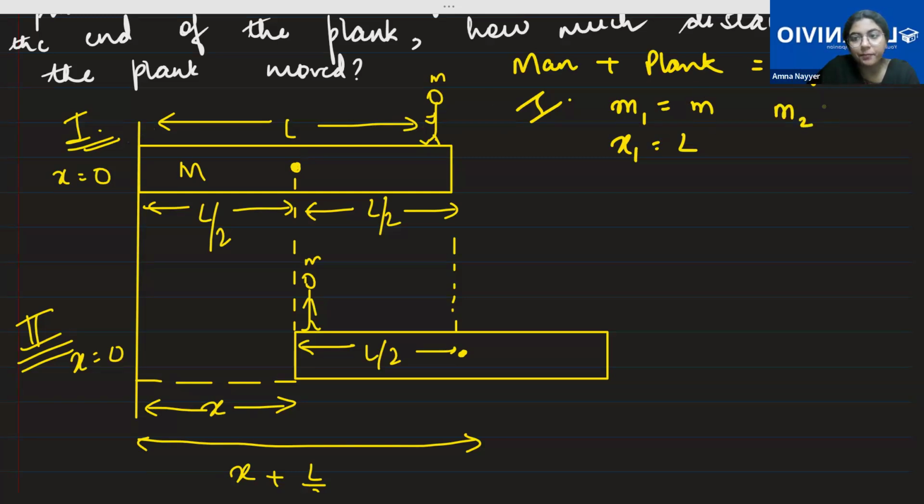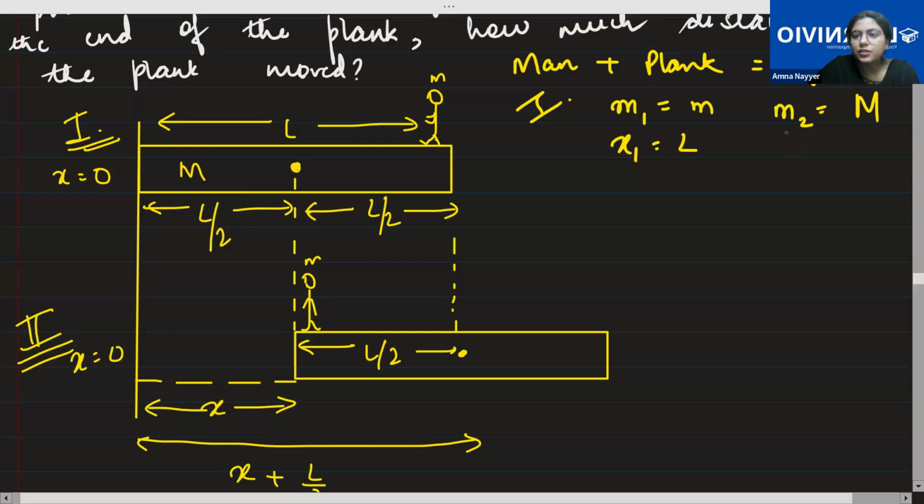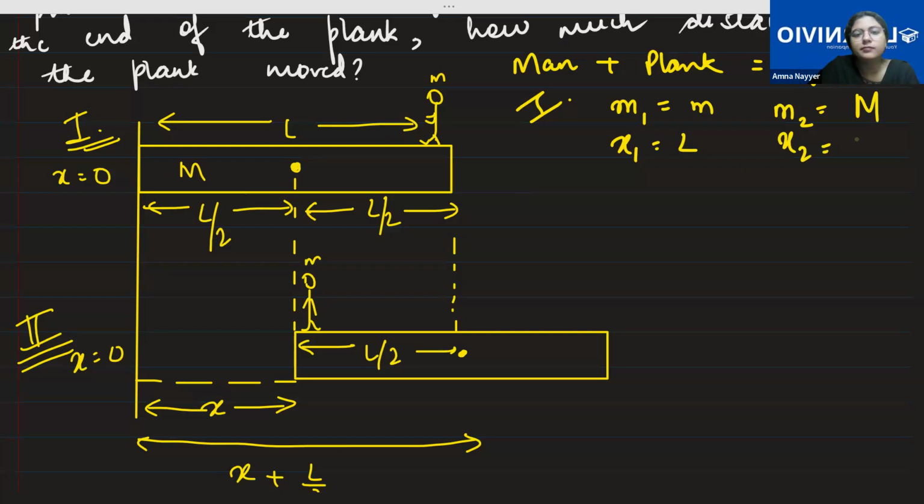Now coming to the plank. Mass of the plank is capital M. And since it's like a rod, the center of mass will be lying at the center. So here x2 will be equal to L by 2.